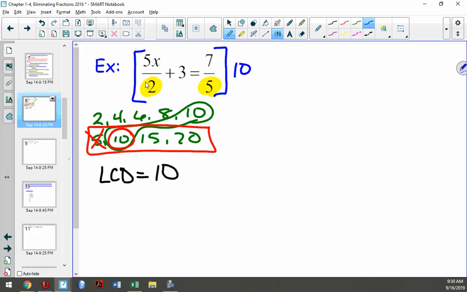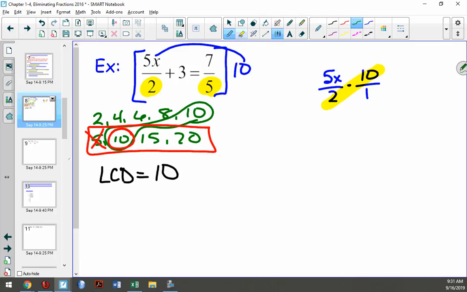Now, we're going to do the cross-reducing like we did previously. On Friday, if you distributed this in, what you actually have is 5x over 2 times 10 over 1. And just like I taught you on Friday, we are going to look diagonally and see if we can cross-reduce. What's in common between 10 and 2? 2.